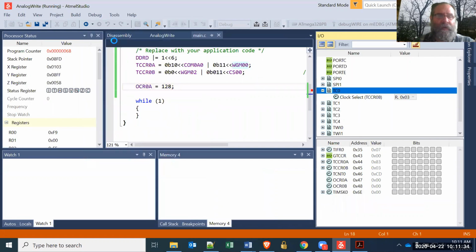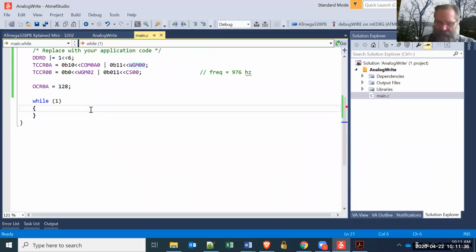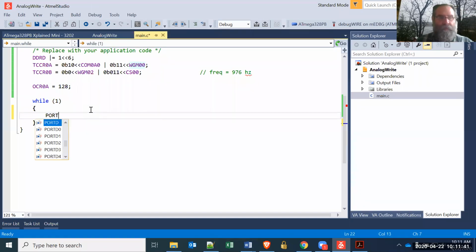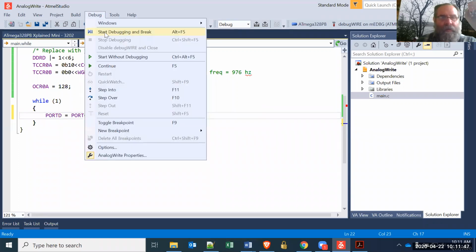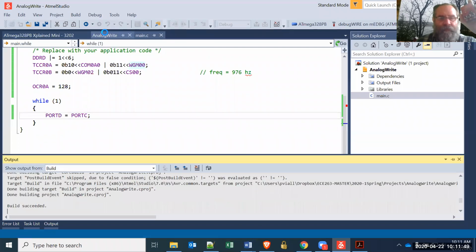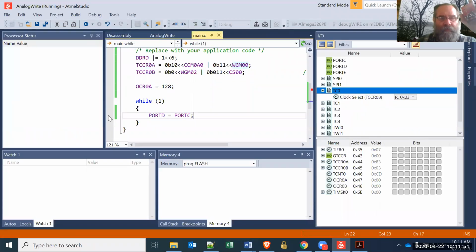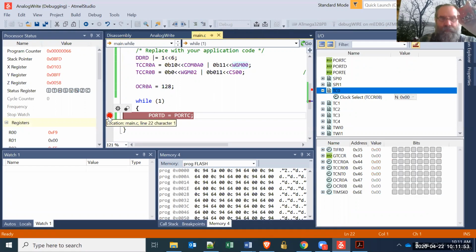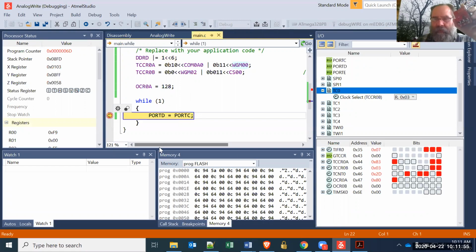Debug, stop debugging. Just put that in there. Zero and 1.